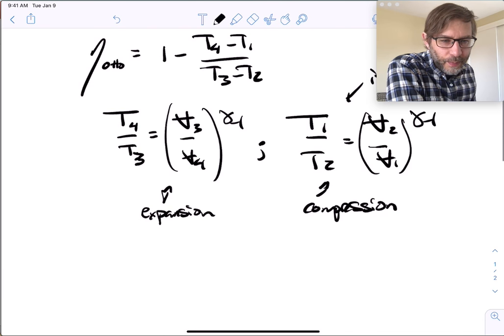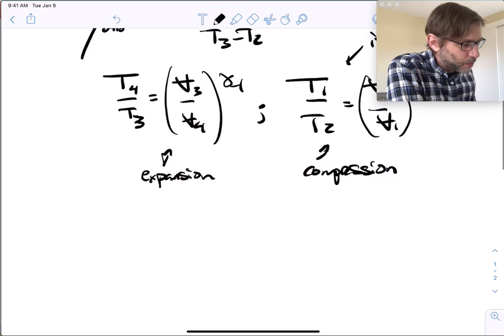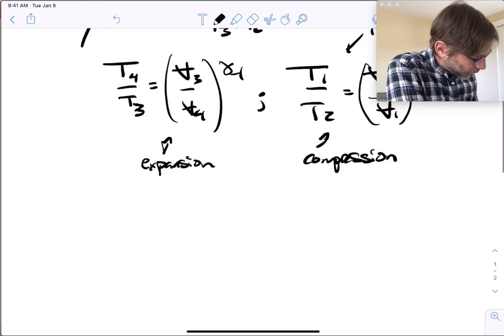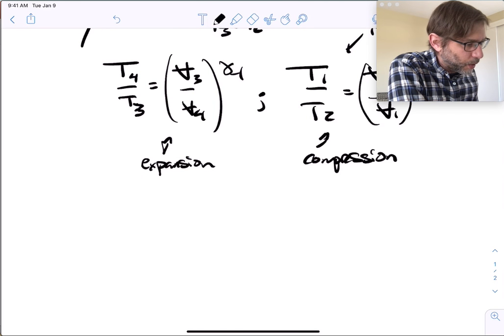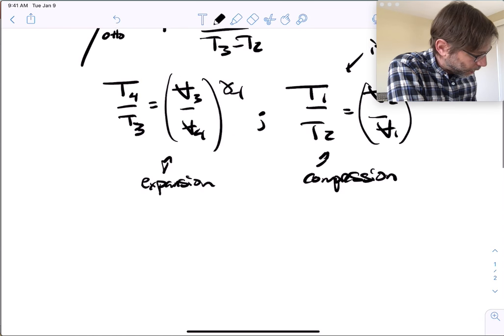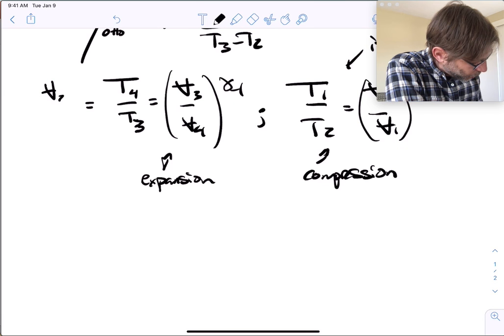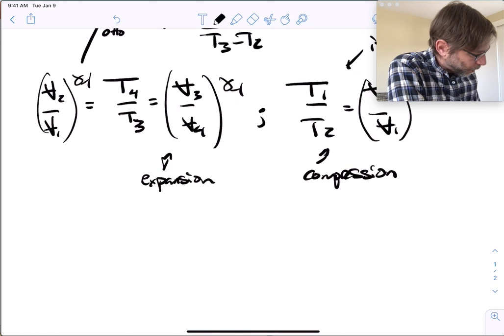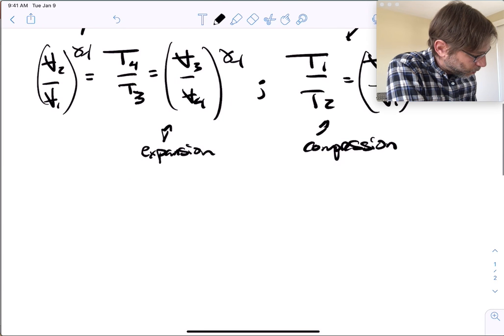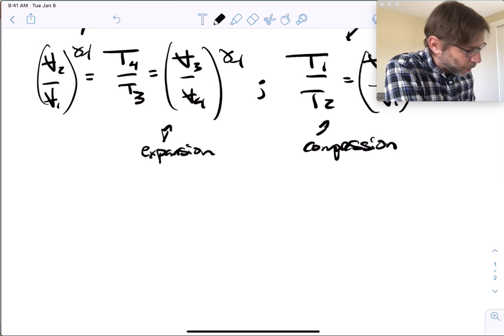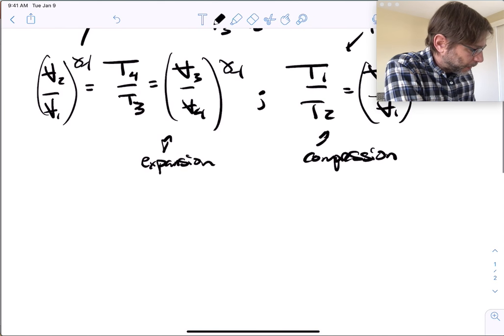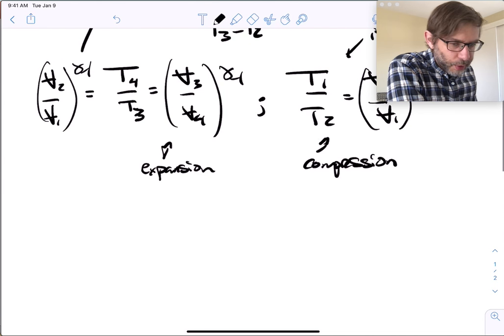So we can take these equations and assume that this is equal to the compression ratio to the gamma minus 1. So that equals the same thing, because T4 over T3 equals T1 over T2 equals 1 over the compression ratio to the gamma minus 1.